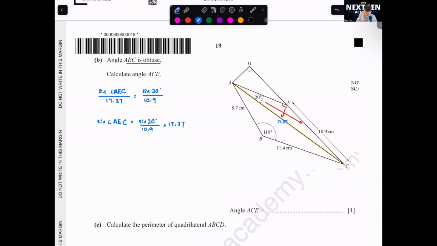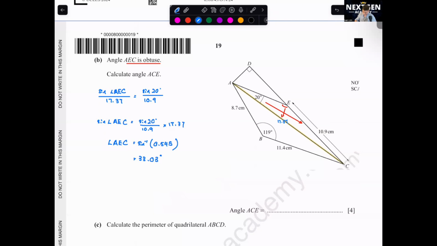We type this first: sine 20 divided by 10.9 times 17.37. You should get 0.545. Then you inverse sine the value. Inverse sine the answer, we will get 33.03 degrees.